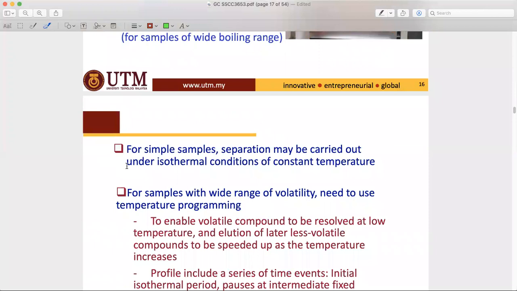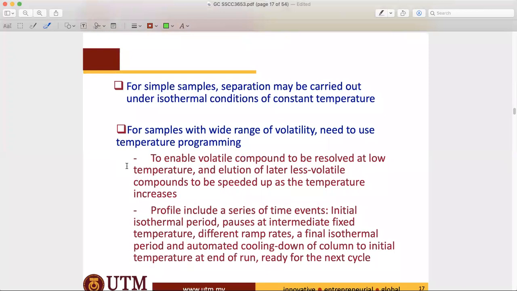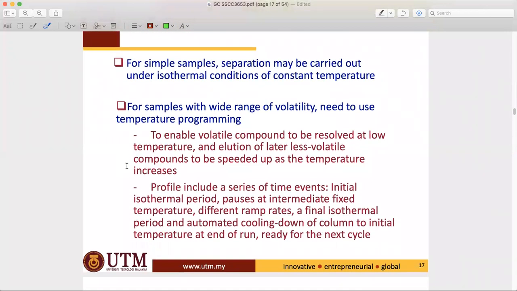Okay. All right. So we are going to the next slide. For simple samples, separation may be carried out under isothermal condition of constant temperature. So for simple samples, maksudnya contohnya you are analyzing hydrocarbon from C2 until C8.